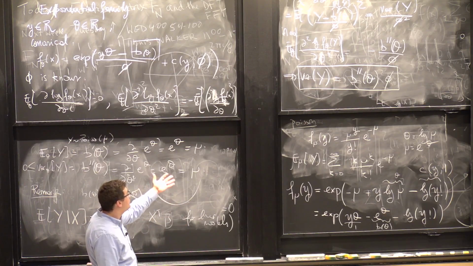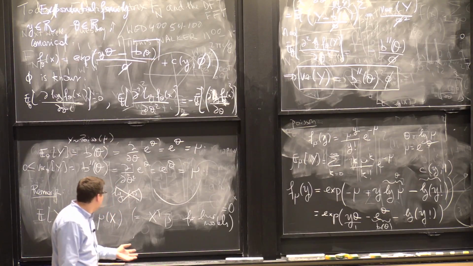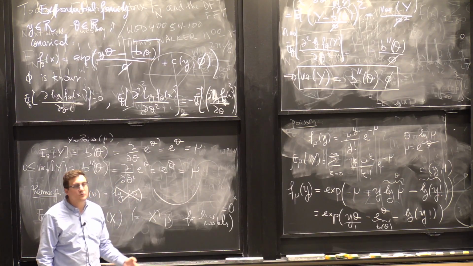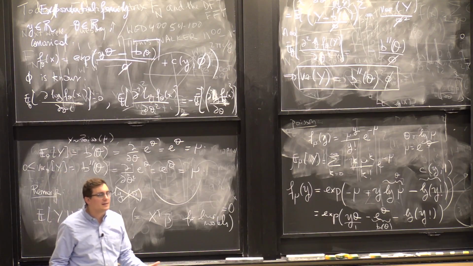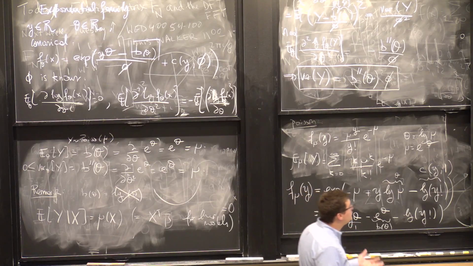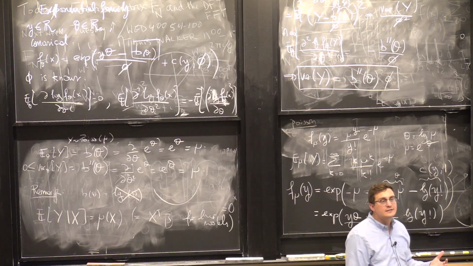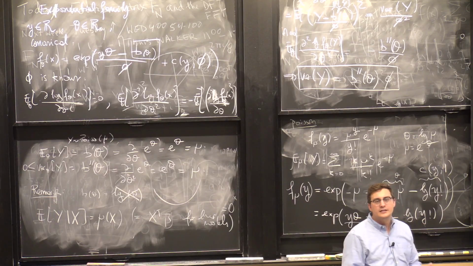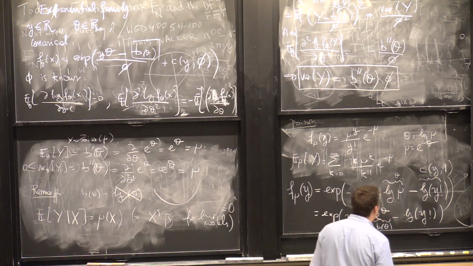It's mu itself. Mu is a positive number, and so it's not going to make any sense to assume that mu of x is equal to x transpose beta, because you might find some x's for which this value ends up being negative. And so we're going to need what we call the link function that transforms mu, maps it onto the real line so that you can now express it of the form x transpose beta.